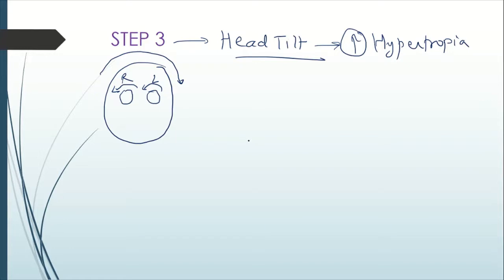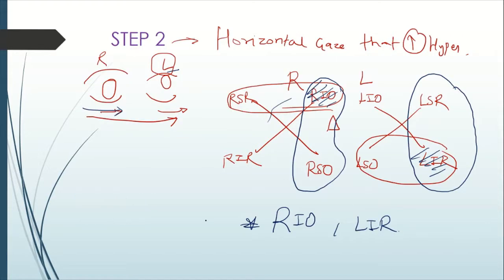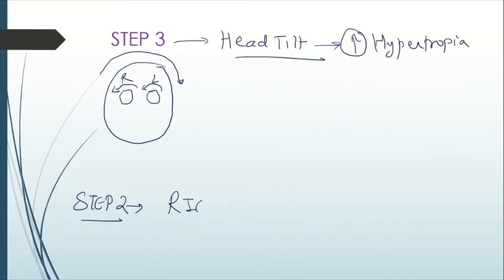So just quickly let's write down the step 2 muscles that we had. Okay, I'll show you an example and make it more simple. Step 2 muscles which we drew into a conclusion were right inferior oblique and left inferior rectus. I am purposefully repeating over here so that we can compare and come to a final conclusion. Now here in our patient, the head tilt which is increasing the hypertropia was left head tilt. So definitely my left eye is intorting and my right eye is extorting.